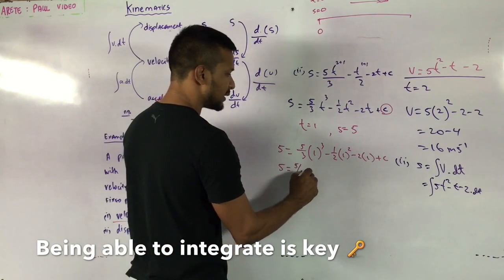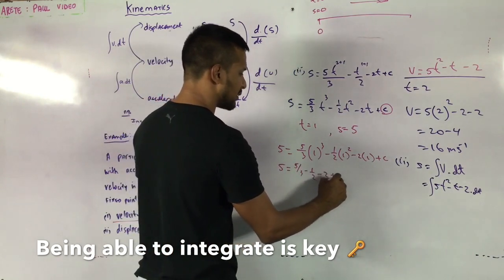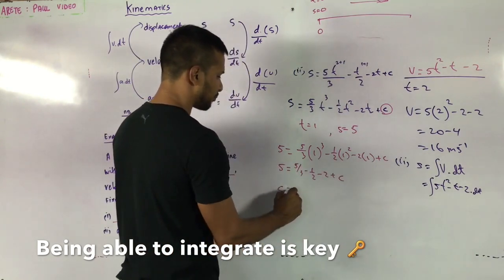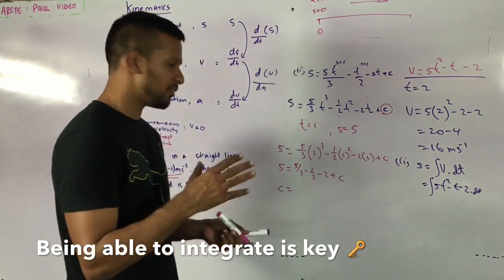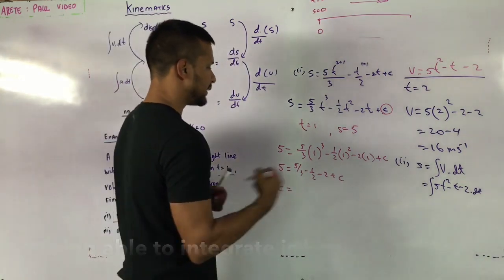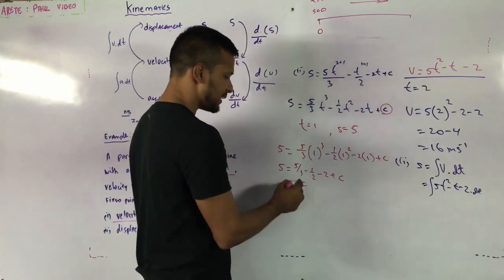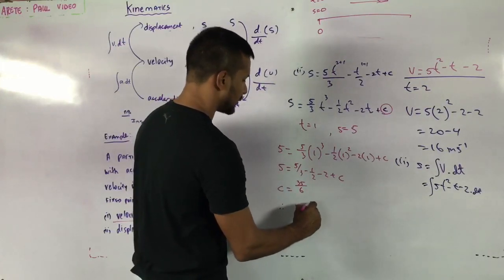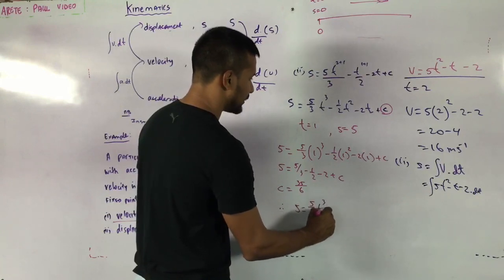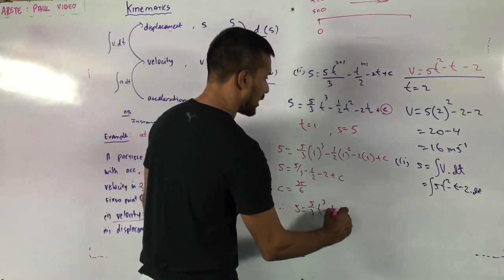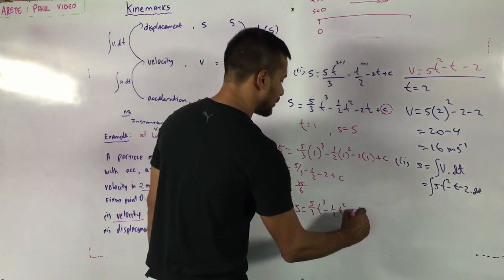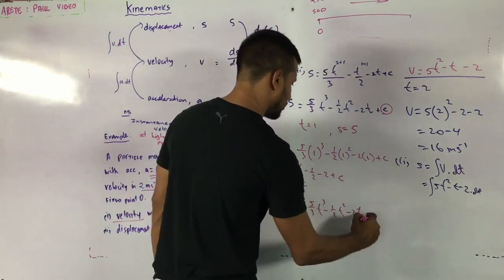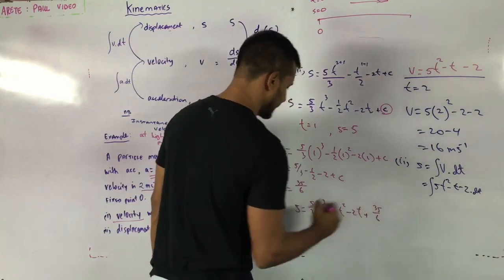So 5 thirds minus a half minus 2 plus c, and you should get your value for c. The answer for c is 35/6. Therefore s is equal to 5/3 t cubed minus a half t squared minus 2t plus 35/6.